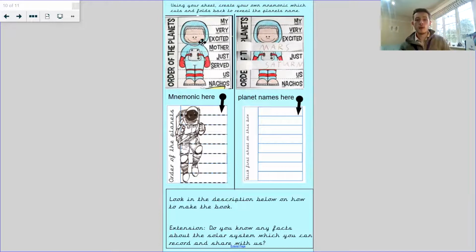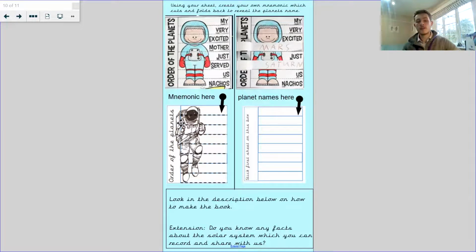So underneath mother, they've cut it and pulled it back, and it says Mars, because Mars is the 4th planet in our solar system. Underneath served, they've cut the first sheet, pulled it back, and underneath the second sheet it says Saturn, because that's the S. So my very excited mother just served us nachos. It's going to be Mercury, Venus, Earth, Mars, Jupiter, Saturn, Uranus, and Neptune.